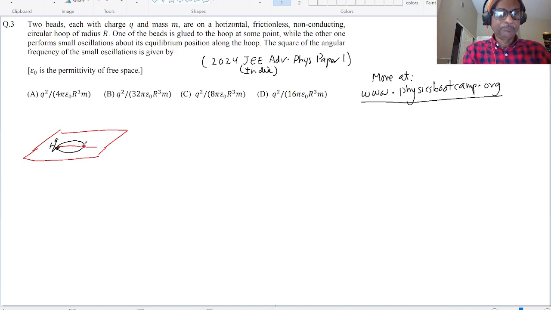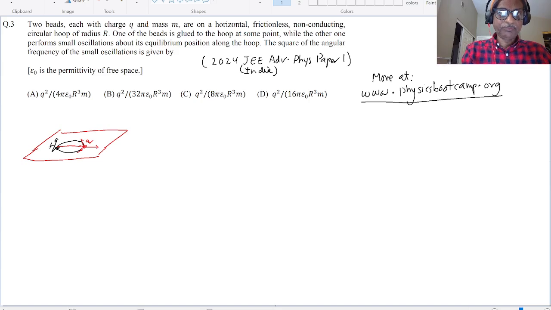The electric force on this bead will be in that way, and the bead will push against the ring, and the ring will push against the bead, and those two forces together with this force will balance the force.